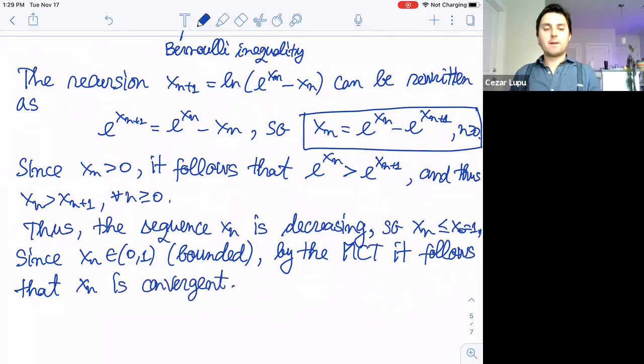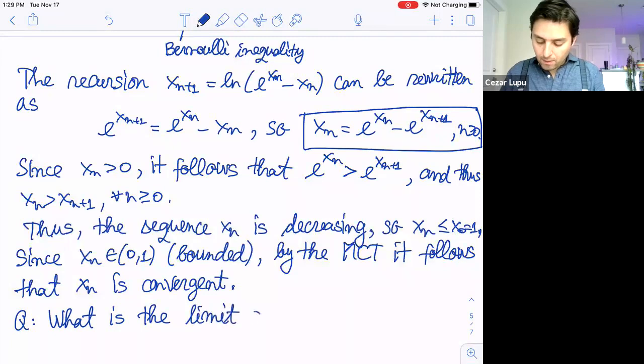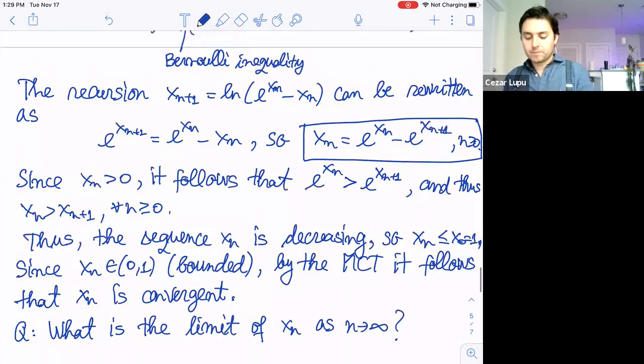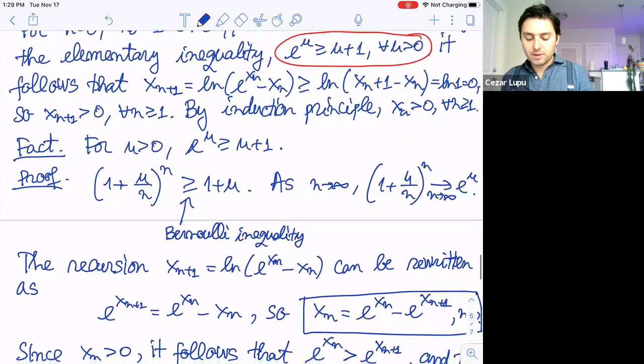Wow, okay, finally. But it's convergent to what? Now the question is, what is the limit of xn as n approaches infinity? So let's look at the recursion again.